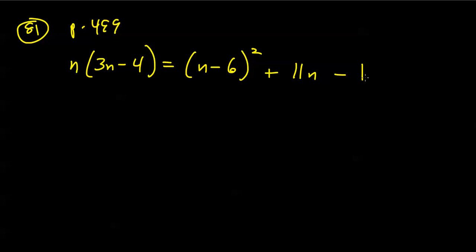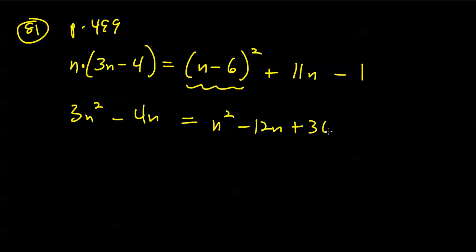Alright, so clearly I've got to do a little surgery here to get it in standard form before I go on. On the left hand side, I'm going to perform this multiplication. I'll get 3n squared minus 4n. How about on the right hand side? Well, if I square n minus 6, I get n squared minus 12n plus 36. And to that I'm going to add 11n and then subtract 1.